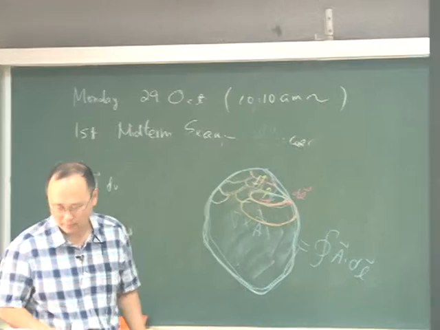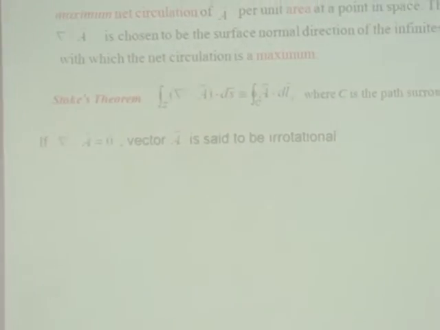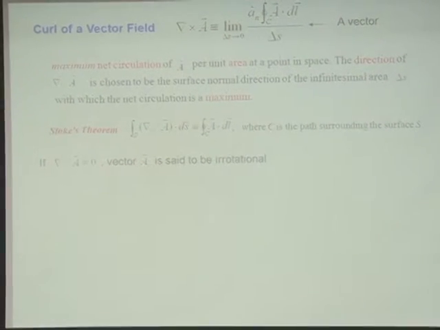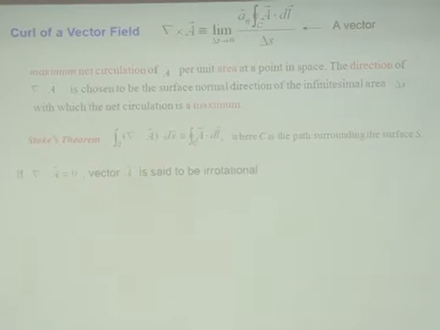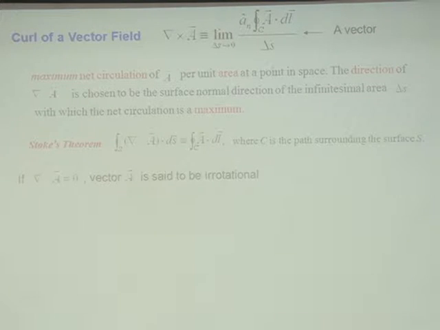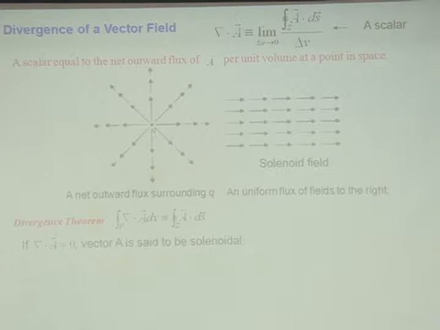Well, now that you know that curl of A is calculating circulation, basically you are calculating the ability of this vector circulating at some point. So this is a concept quite different from the flux. Flux is calculating the ability of this vector expanding along some direction, from a point source.